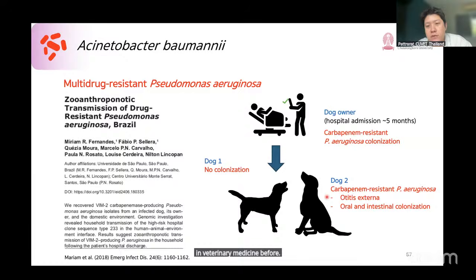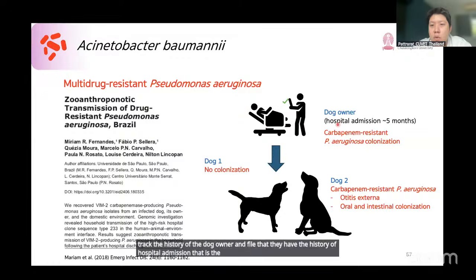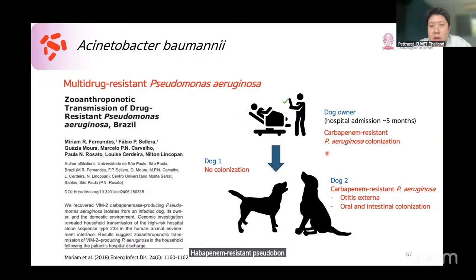So the vet also tracked the history of the dog owner and found a history of hospital admission, which is a risk to acquire carbapenem-resistant Pseudomonas aeruginosa, and this can be transmitted to the dog and cause disease.